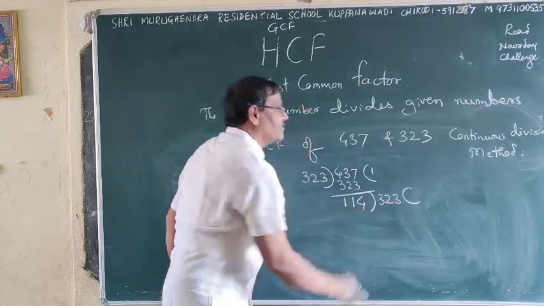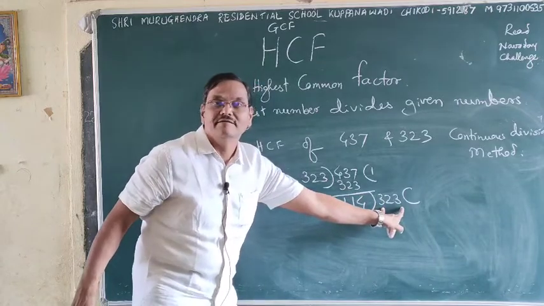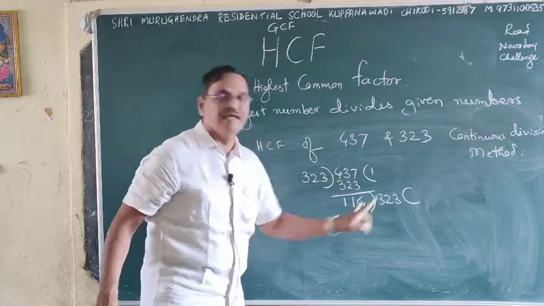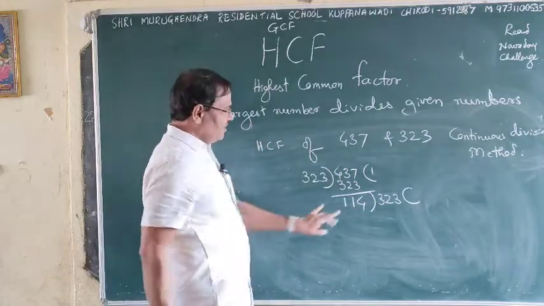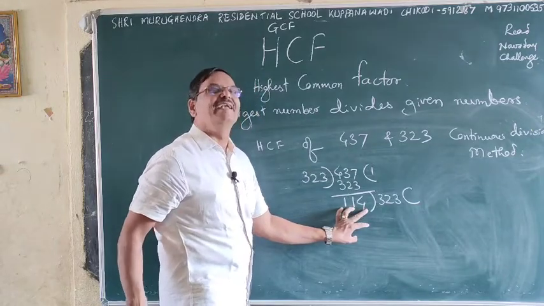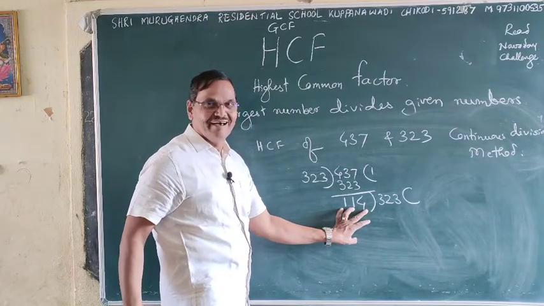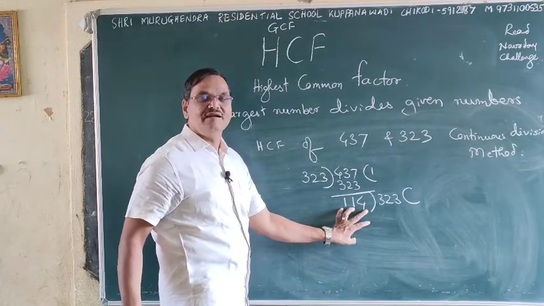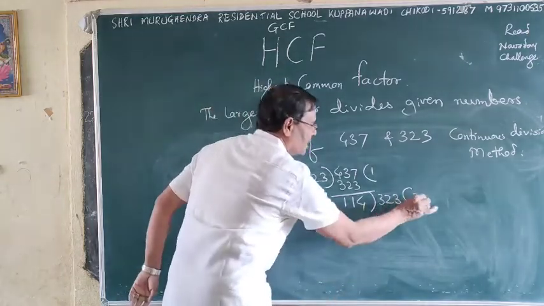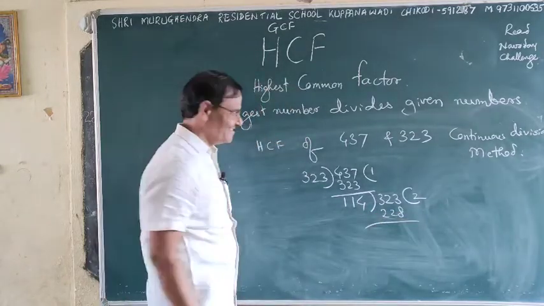Which number divides the bigger number? The previous number you have to carry forward, isn't it? So it is carried here. And see, 114's nearest is 110 you can take. 110 3s are 330, whereas this is 3s, now 2s are. 2s it is 2 to 8, isn't it?